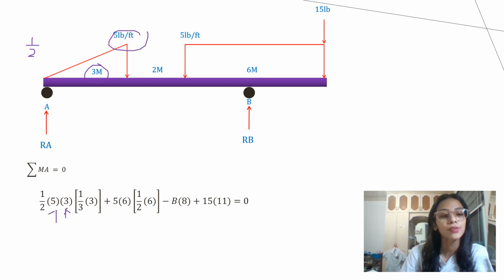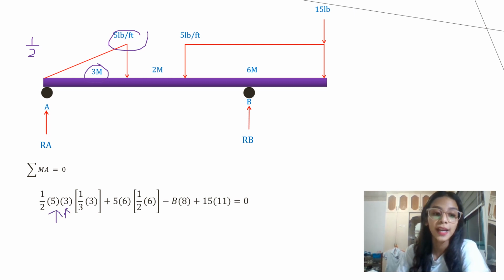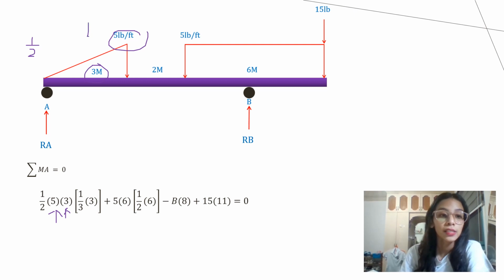So it is 1/2 times 5 times 3 plus the centroid of the triangle, which is 1/3 since it is at the higher part.